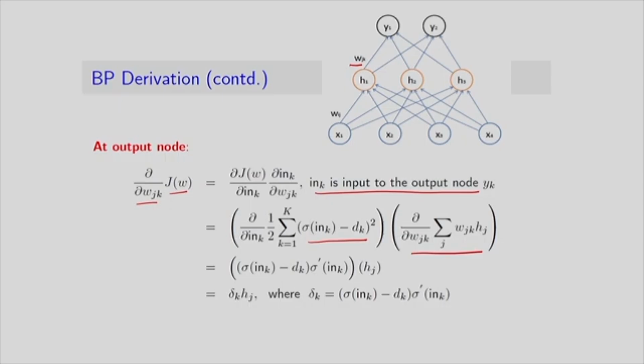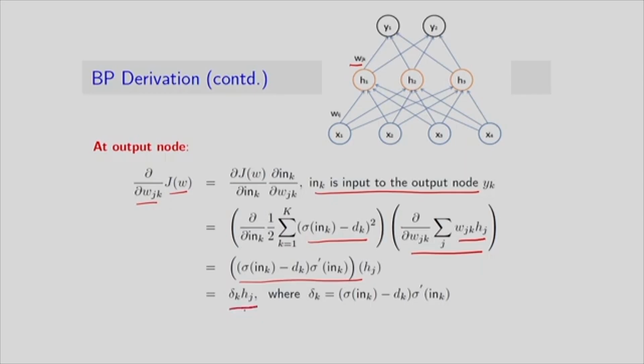So what is Ink? Ink is nothing but Wjk into Hj. So Ink we can determine, and that is nothing but Wjk into Hj. And if I take the differentiation of this, so this will be this. This is the sigmoid function, and finally I am getting this expression.